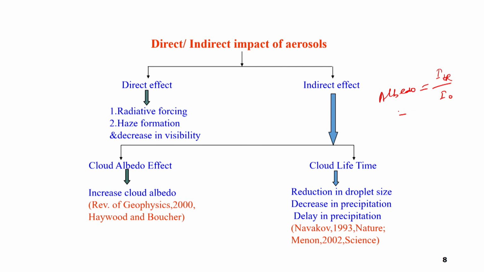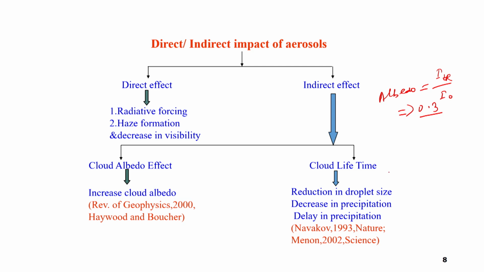So for example, if I take the earth's albedo as 0.3, okay, this 0.3 comes because of many components like aerosols, clouds, and then you have forest, ocean, snow cover, which contribute to the albedo, but the earth's albedo is generally considered as 0.3.